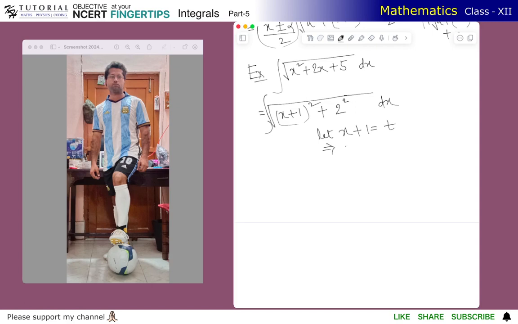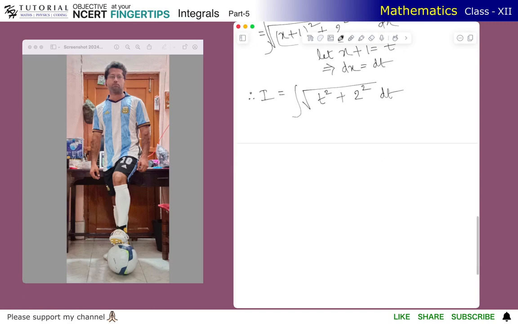This implies dx equals dt. Therefore, the integral becomes the integral of root over t square plus 2 square dt.